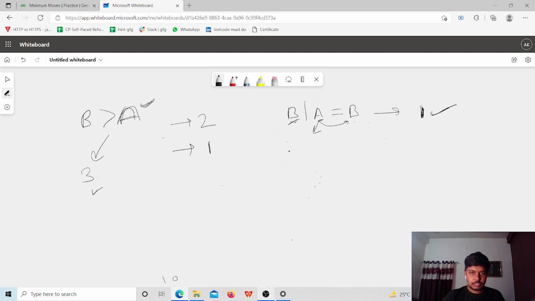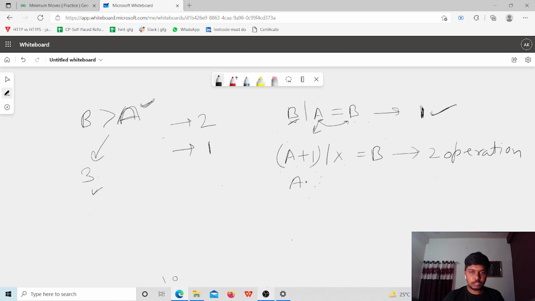The next is, if I do plus 1 to A and I OR with some X, and if this becomes equal to B, then I am doing two operations, right? So the answer will be 2. And what are the other ways in which I can use only two operations?